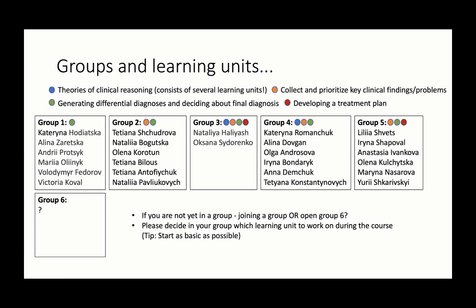And of course, for the other topics or learning units, depending on what you want to do next, we can do another Train the Trainer course where we can cover those learning units that are not included here right now. I think that's also true for other groups, where I think we had a couple of groups who wanted to cover errors and biases. And I think there were a couple of others, but this is only the learning units we can cover within this Train the Trainer course.